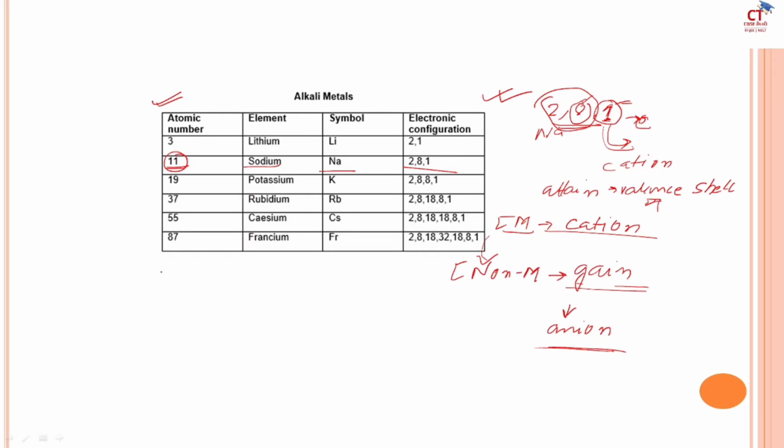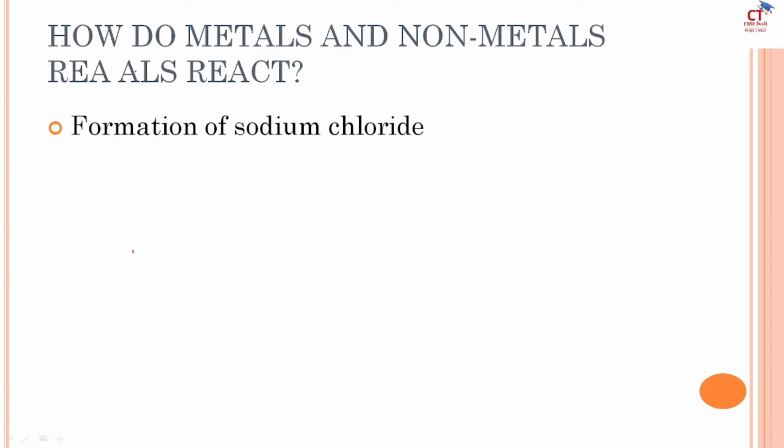Okay. Now let's see an example. For this example, we are taking the formation of sodium chloride. Sodium is Na. We have learned its electronic configuration is 2, 8, 1, and Cl, that is chlorine, its electronic configuration is 2, 8, 7, that is 17, and this is 11.